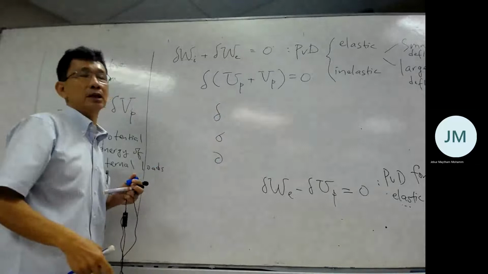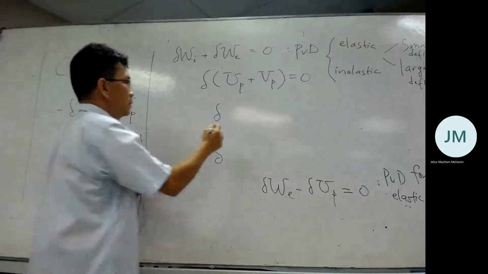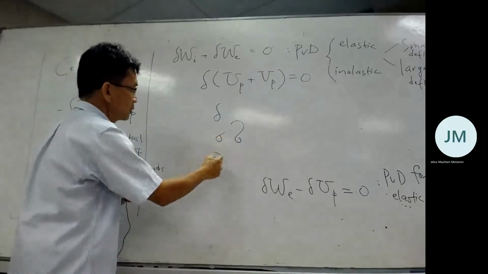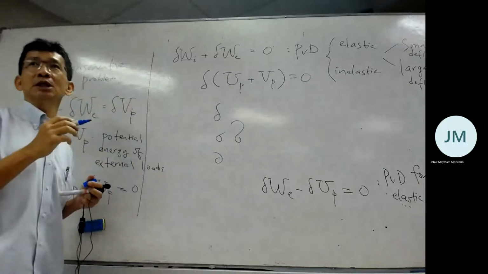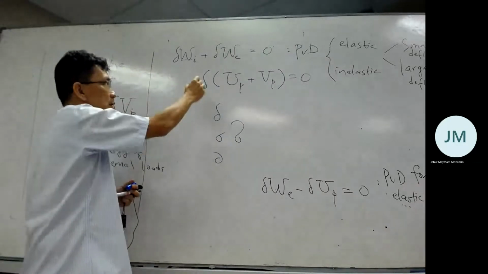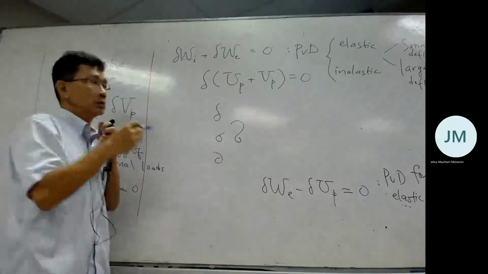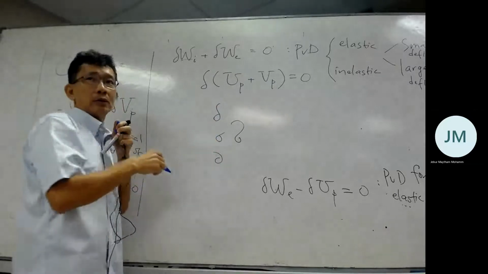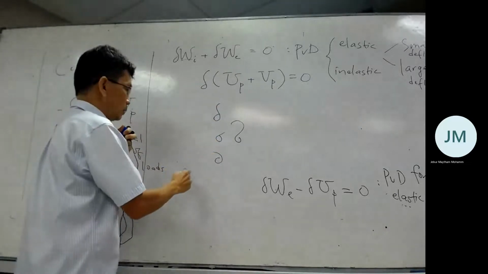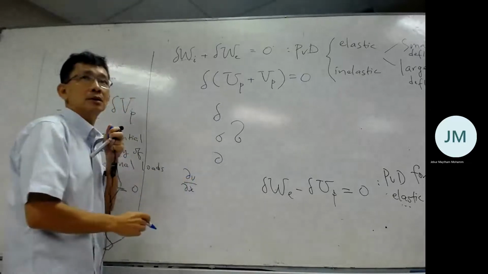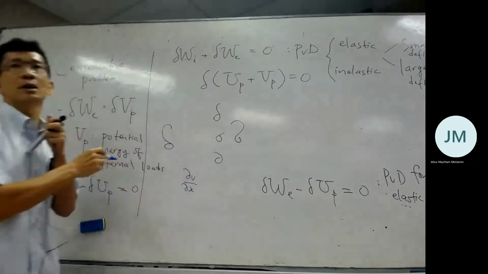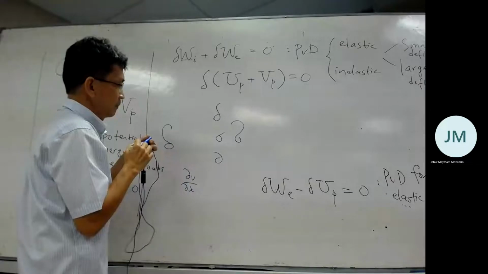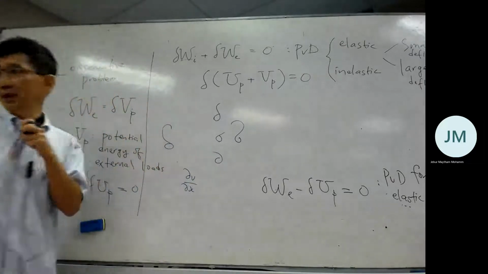So when you are stressed, maybe you are going to write something like this. So this one is not this, and not this, and what is this? Please be clear about this. What we are using here, where we start with virtual, is delta like this, and this is sigma when you talk about stress, and this is partial differentiation, partial. So don't write like this, this one has no meaning. They are all in family, but have different meanings that we have covered.